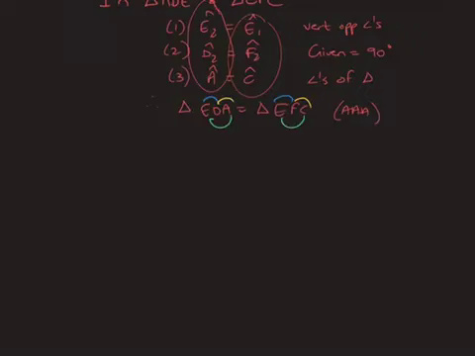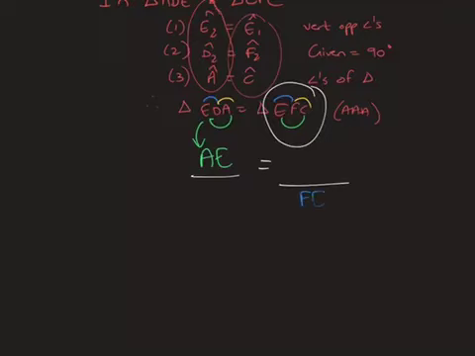Colors are important here. So now we need an AE in two different triangles. So we've got an AE in green in this first triangle, but we can't reuse that AE, so we've got to use an AE at the bottom from another one. But if we look at the second triangle, there isn't an AE, but there is an FE, which are equal. Okay, so that's giving us the colors, green and blue. So let's check.